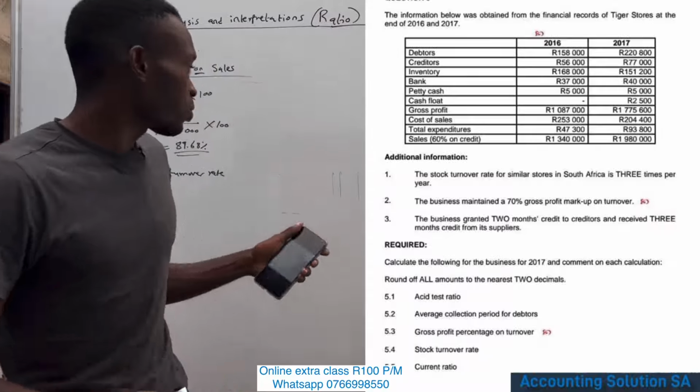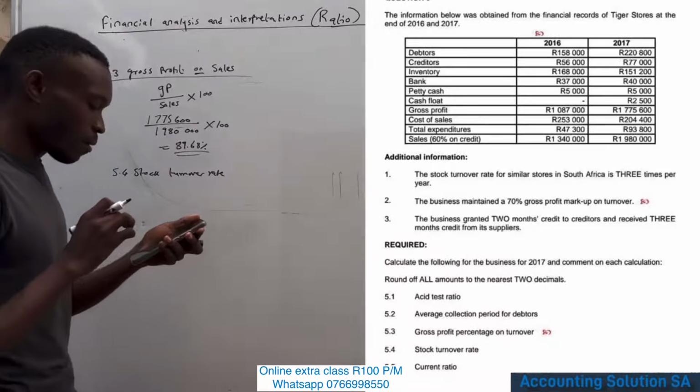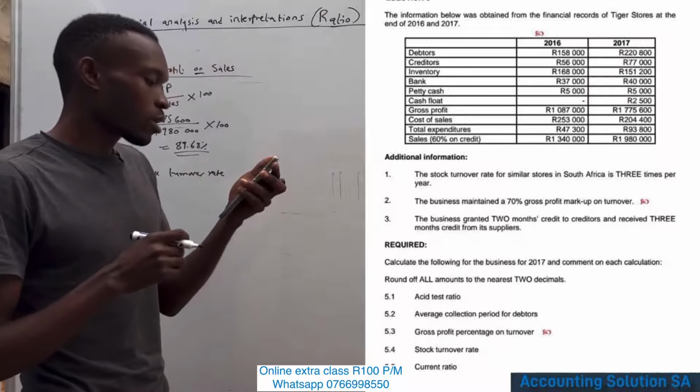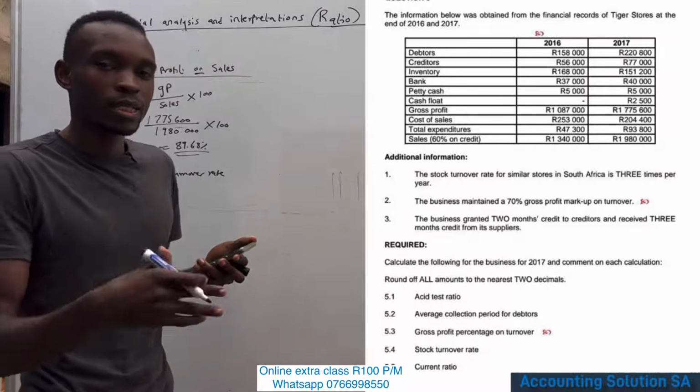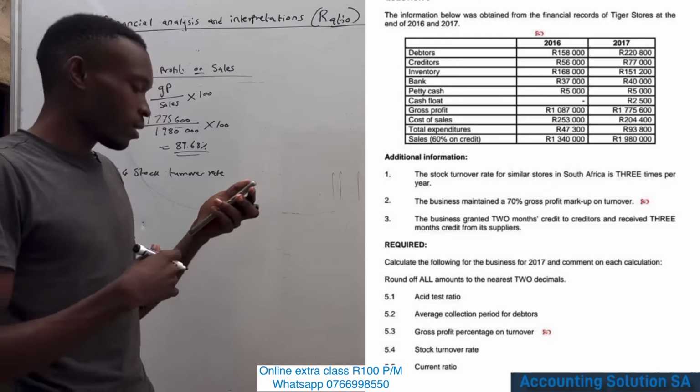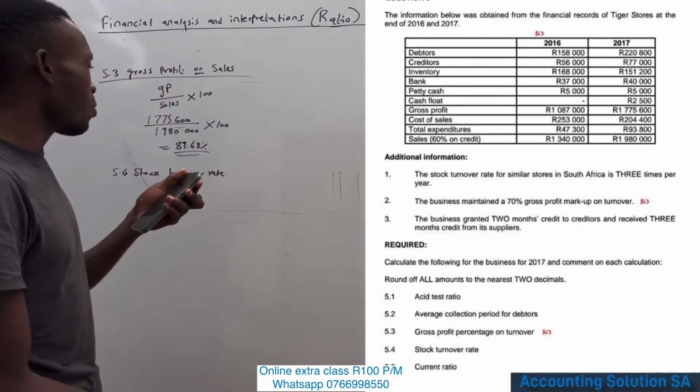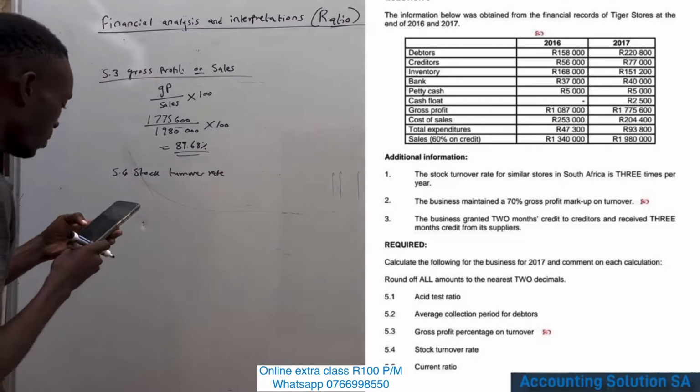So that's what we are going to see in this calculation. How many times? Okay, they said in additional information number 1 that the stock turnover rate of other businesses that are selling the same item as us is 3 times per year. So now we want to see in our business how many times.